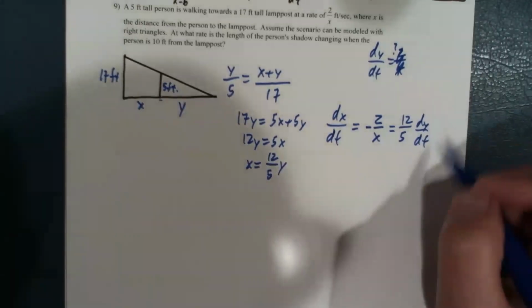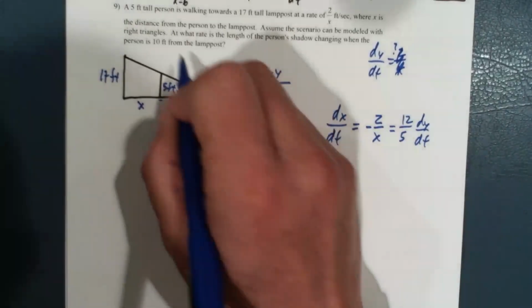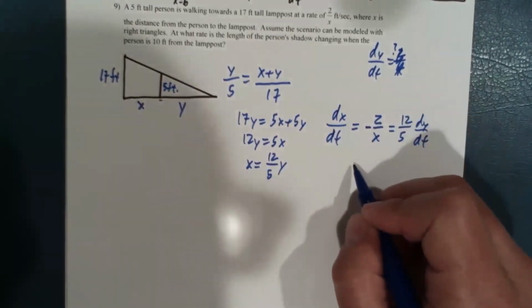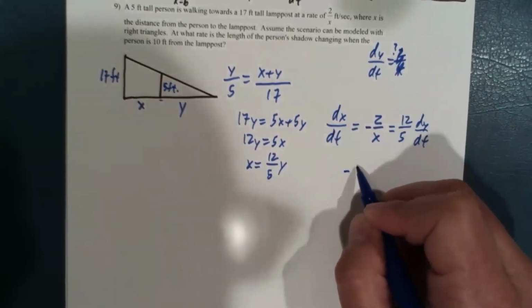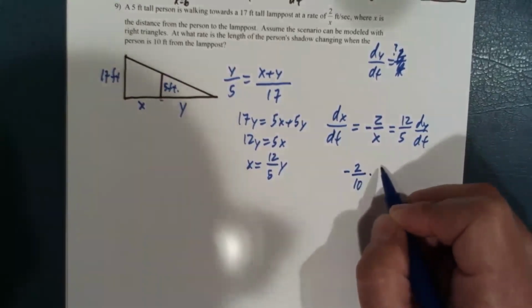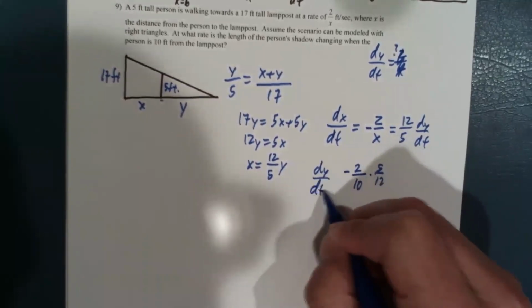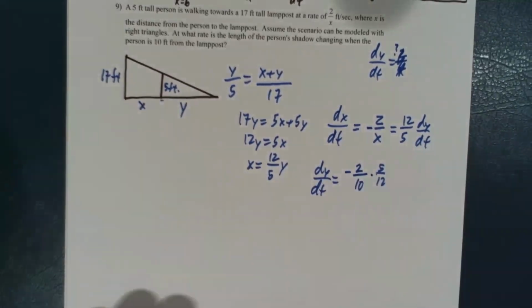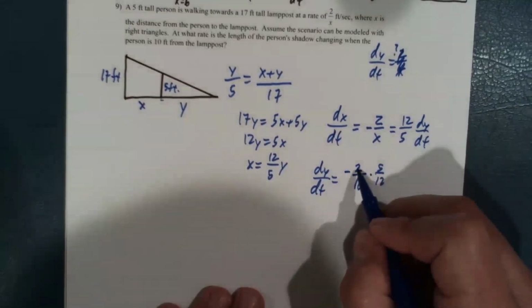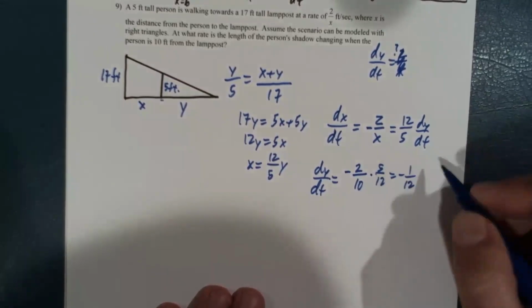So we're going to solve for dy dt here and plug in, remember this is 10 feet. So this gives us negative 2 over 10 times 5 over 12. And this is our dy dt. And that is going to reduce it. You can see 2 times 5 is 10. So this is going to give me a negative 1/12 feet per second.